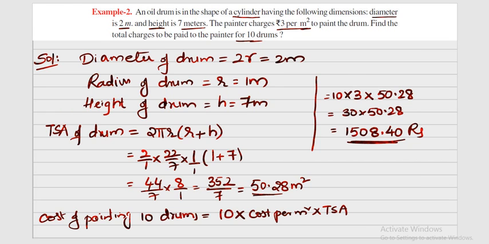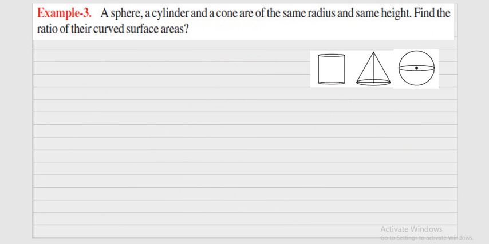Next, moving on to example number 3. See, there is a sphere, there is a cylinder, and there is a cone, whose radius is the same and height is the same. Find the ratio of their curved surface areas. So sphere is in the first position, cylinder in the second position, cone is in the third position, right? So these are the positions. Now what he has given: all are having the same radius.